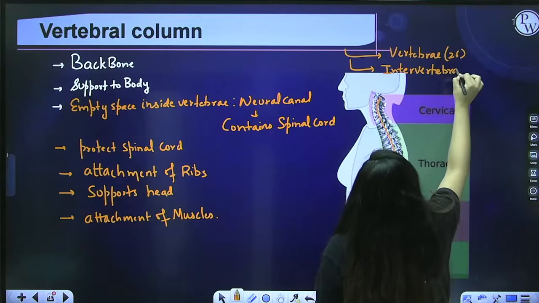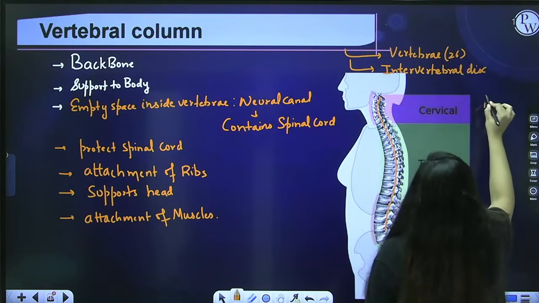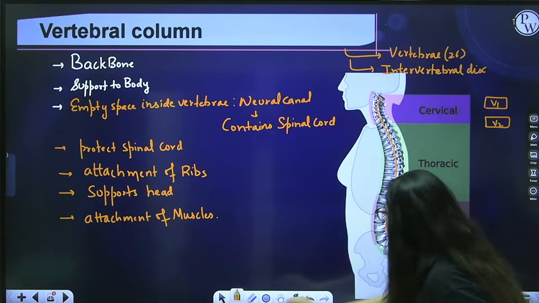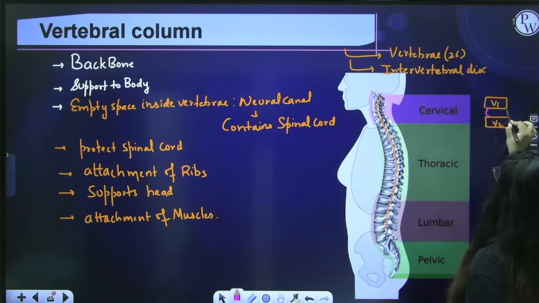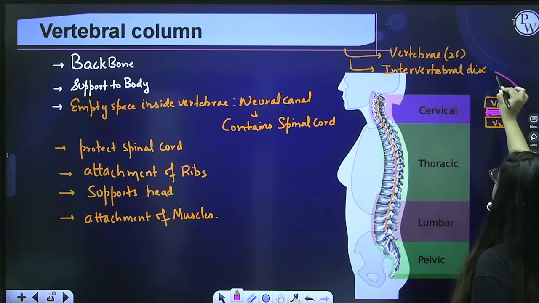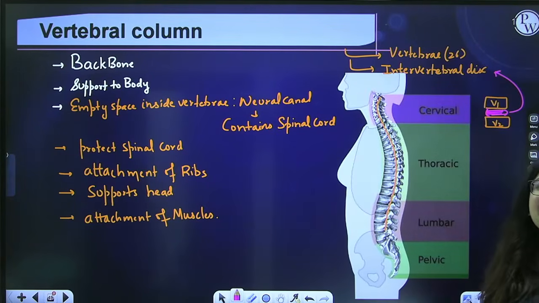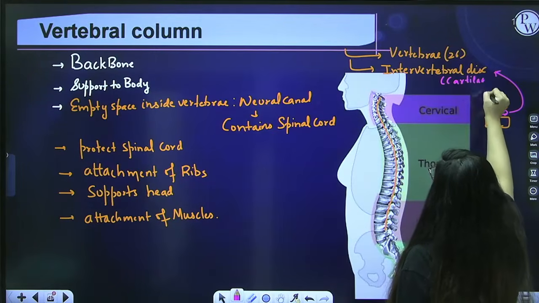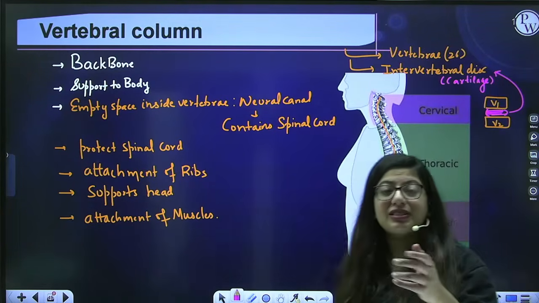Let me show you. For example, this is one vertebra, this is the second vertebra. In between them is this cushion-like substance known as the intervertebral disc, and it is made up of cartilage. It provides support. You must have heard of slip disc.